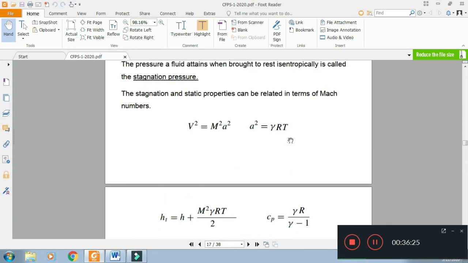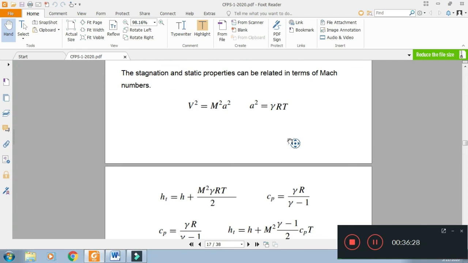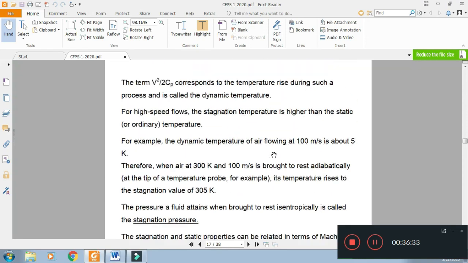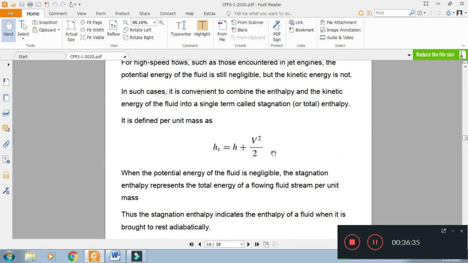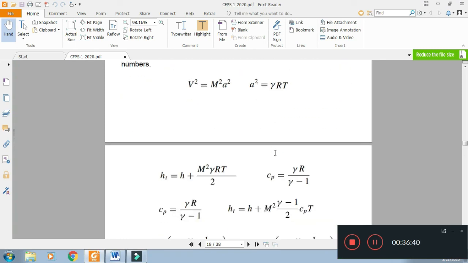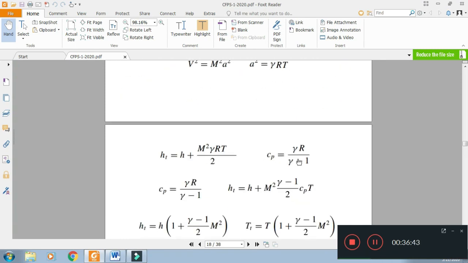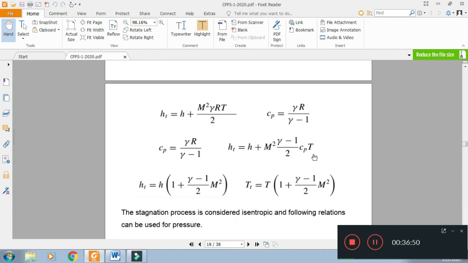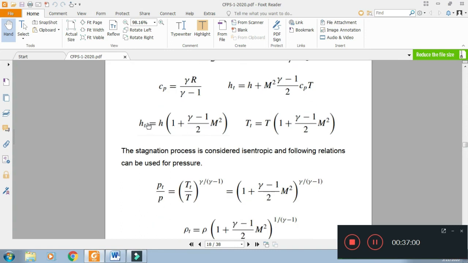We put V square and a square in the total enthalpy formula, and then we use the relation for Cp and R from the thermodynamics background. Then after solving and eliminating gamma from the Cp relation and total enthalpy relation, we get this formula.